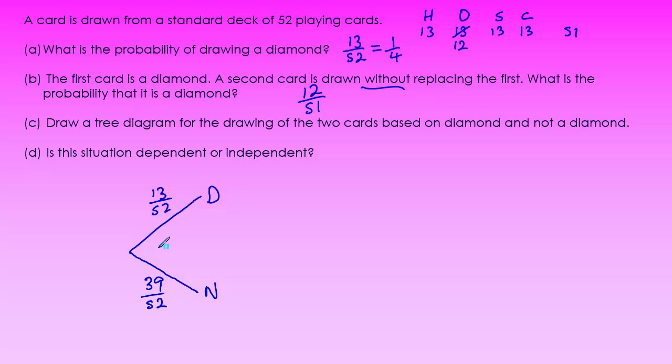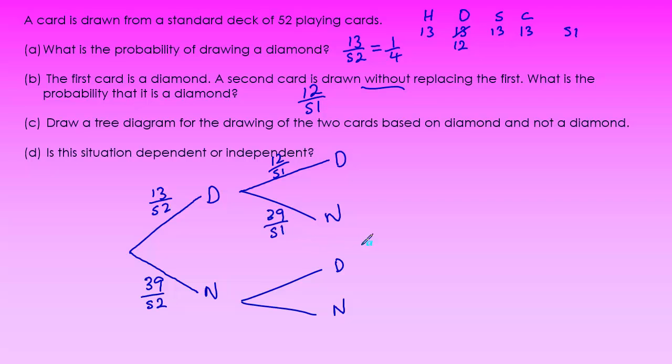There's 39 other cards. Diamond, not a diamond. Well, if we got to here, that's the situation we discussed in part B. So this would be 12 out of 51, and this will be 39 out of 51.